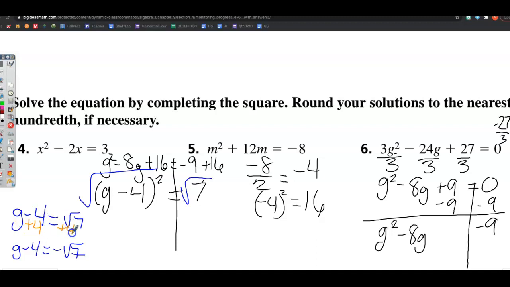So you'd have 4 plus the square root of 7 and 4 minus the square root of 7. Which would give you, when you type it in your calculator, 6.65 and 1.35.